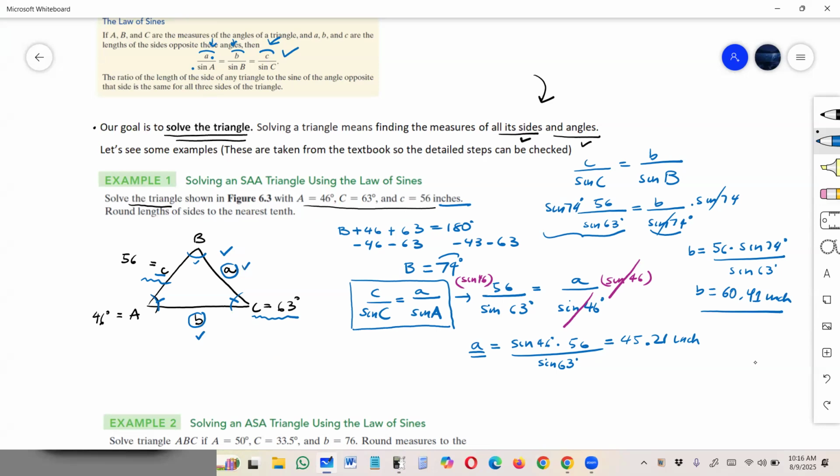So in this case, B, 74, was our largest angle, which means that small b has to be our largest side. And we can check that, right? b is 60 and c, what was c? 56, so that checks. So we're okay. Because sometimes you may do a problem and get the wrong answer, and then that would disqualify it as a solution. All right, so this is all we have to do for solving this particular triangle.